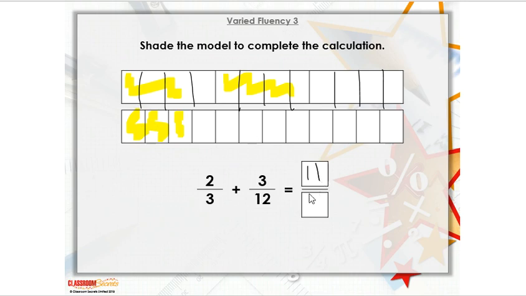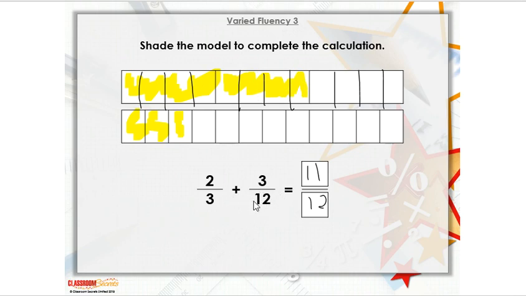So my answer is 11/12ths. I've used the model and I've shaded it as asked. In fact, I'm going to shade that slightly better so that it colours it completely for you. But is it correct? Let's double check.